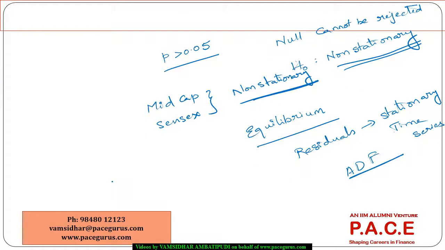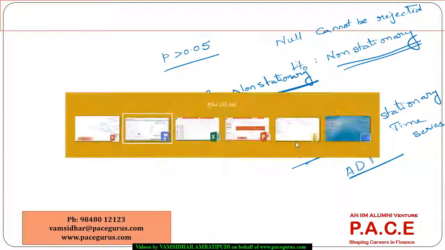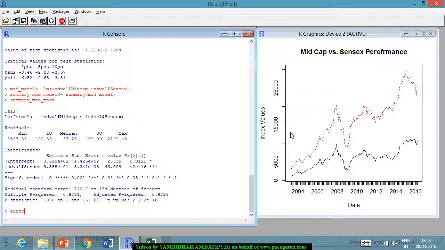If we have looked at the mechanism, we said that first I'll find a static equilibrium, and after that I'll do the testing of the residual. So I have to capture the residual. I'll use a variable called error, where I'll be capturing the residuals associated with my summary.